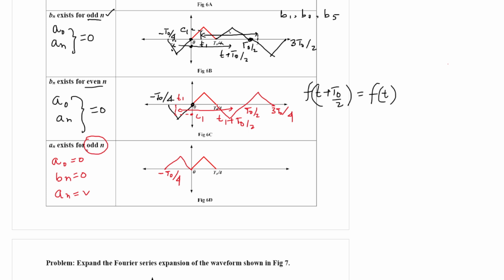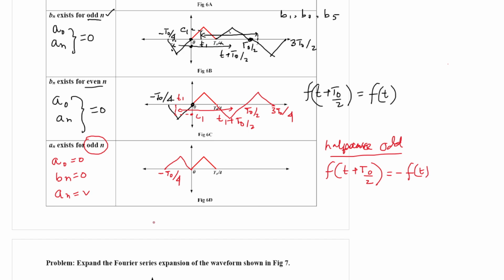So when n is odd, it will be the case of half wave odd symmetry, right? Half wave odd symmetric. So what is half wave odd symmetric? F of t plus t naught by 2 is equal to minus f of t.